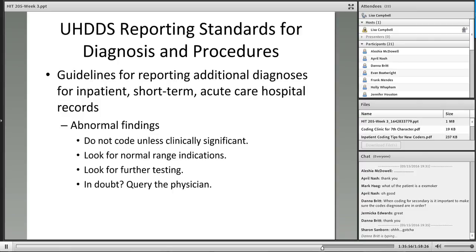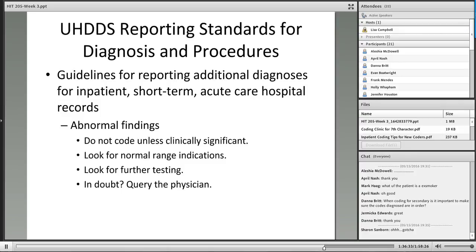Okay, abnormal findings. We do not code them unless they are clinically significant. Here is what's key. The doctor has to state that they are clinically significant. You can't look at a lab result and say, oh, they got staphylococcus, so I'm going to assign a code for the staphylococcus. For example, the doctor can write down pneumonia, and that's it. And then you look at the lab report and you're like, wait a minute, they have staphylococcus.